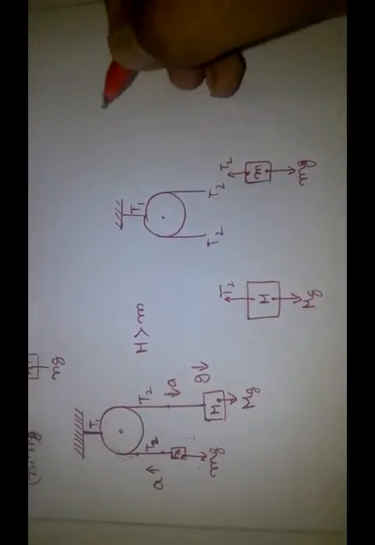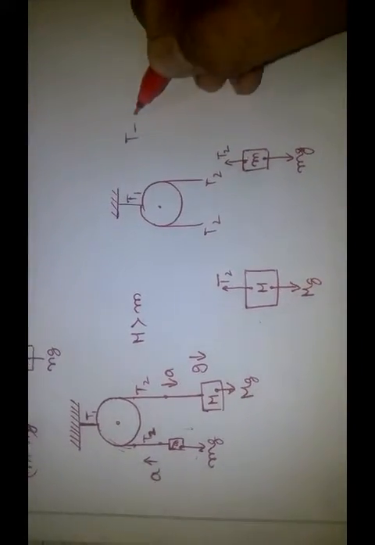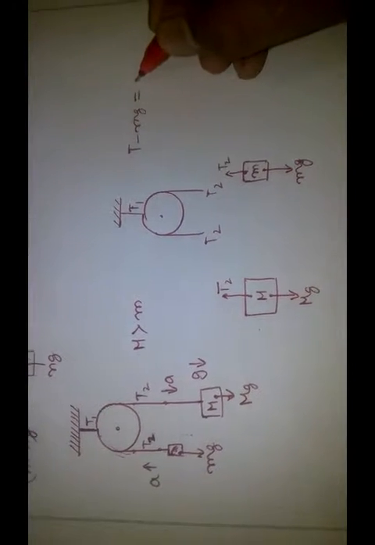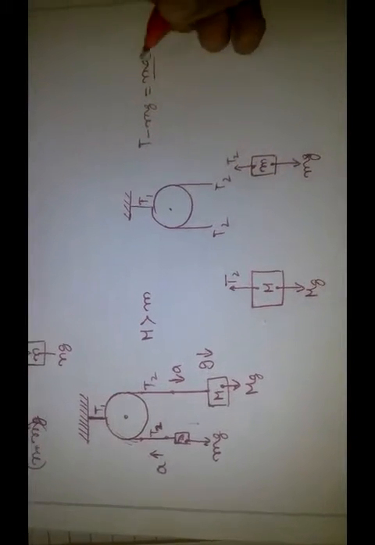So we find the net force. Tension is also a force, therefore T minus mg, because T will be greater since it is moving upward, and mg will be smaller. So T minus mg equals ma. ma is the net force acting upward.